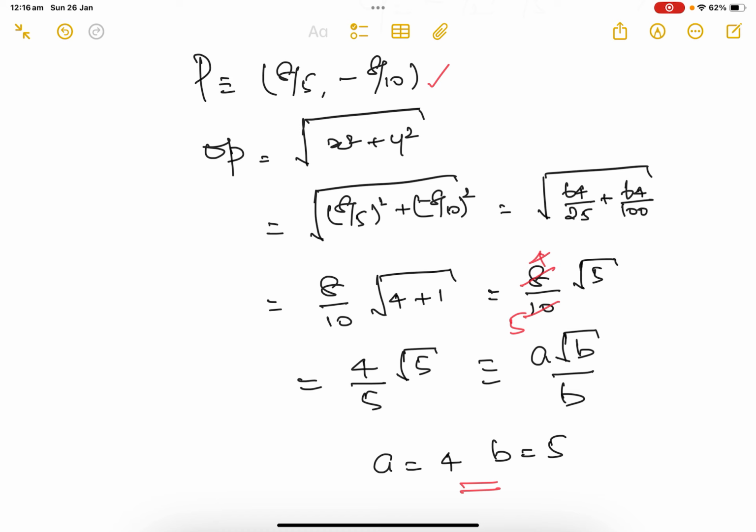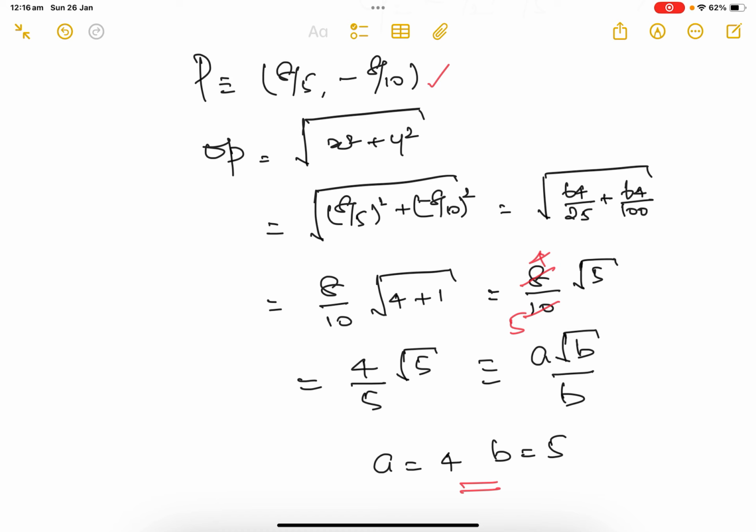So 8 over 10 outside the root. Inside the root, 64 over 25 becomes 4 times 4, plus 1, that is 5. So 8 over 10 root 5, and 8 and 10 have 2 in common. So 10 becomes 5, and 8 becomes 4. So 4 over 5 root 5.